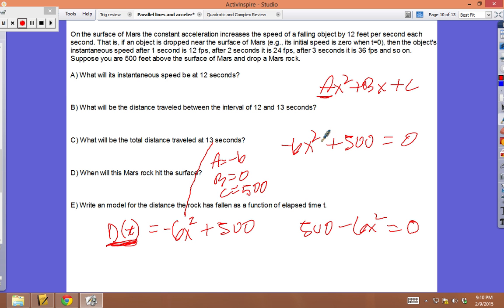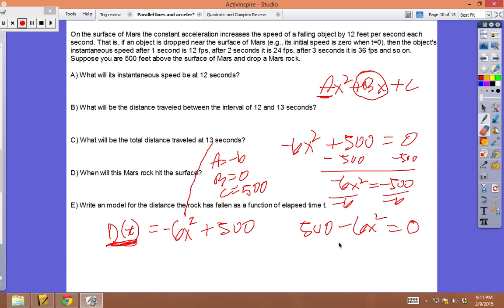Now here's kind of a trick. If you are missing the bx, which we are, so we've got the ax squared and the c, but no bx, it's easier and faster, instead of doing the quadratic formula, to just do inverse operations. So if you subtract 500 from both sides, now you've got negative 6x squared equals negative 500. And now just divide by negative 6 on both sides.